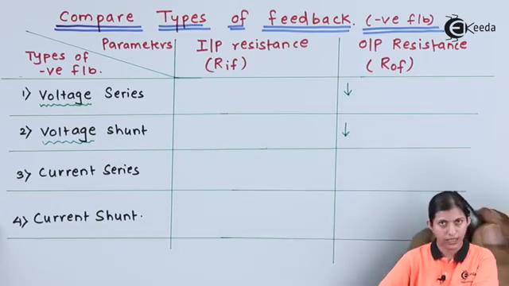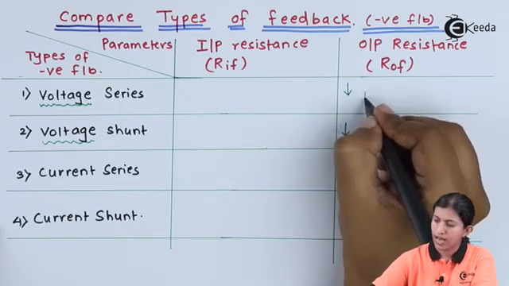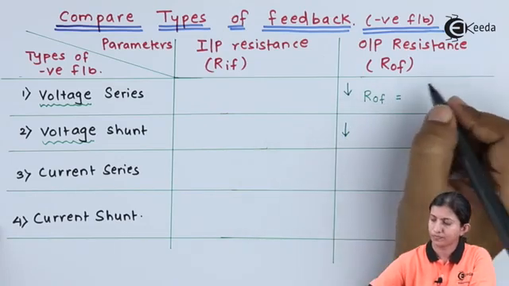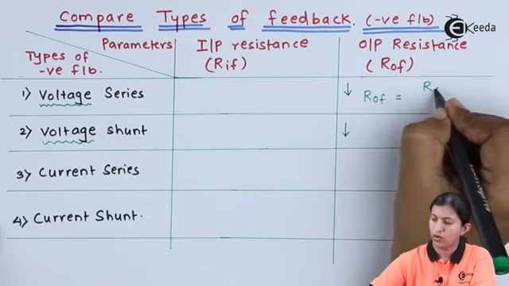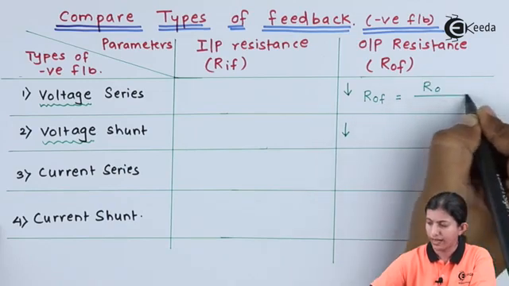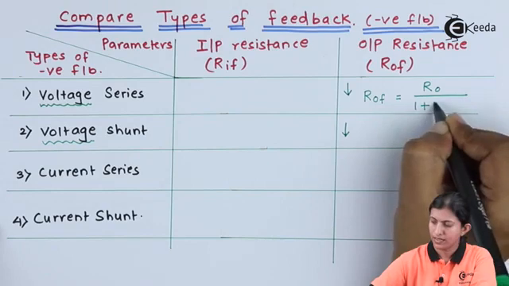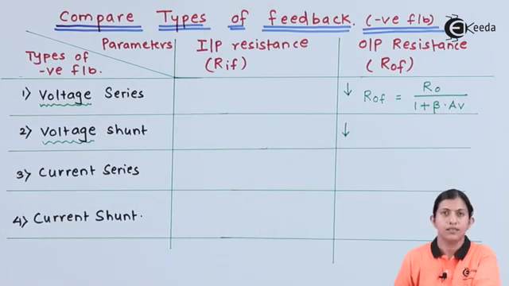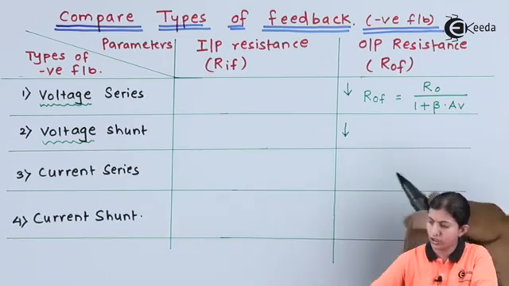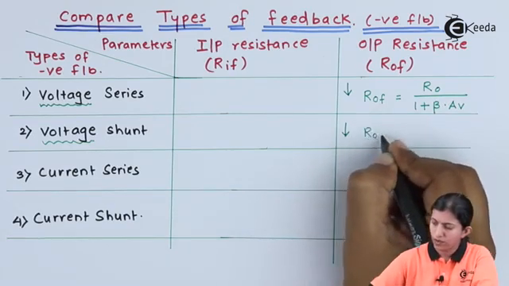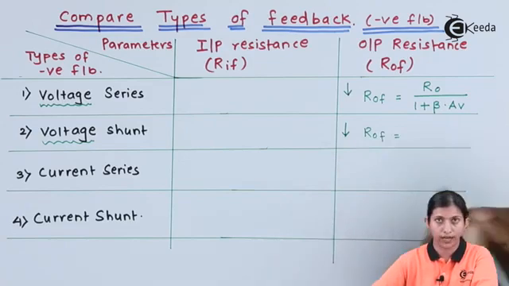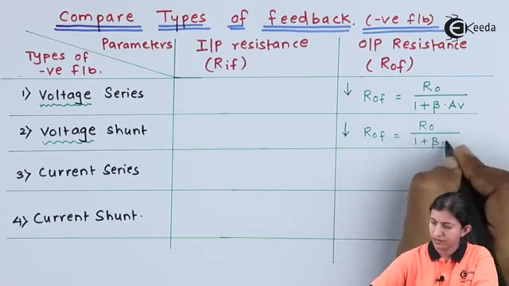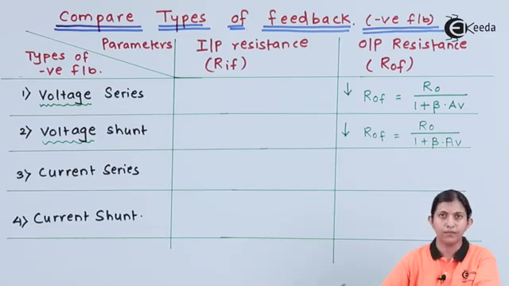So we can write down the equation as ROF is equal to RO divided by 1 plus beta times AV. Similarly, for voltage shunt connection, the value of output resistance ROF is equal to RO divided by 1 plus beta times AV.